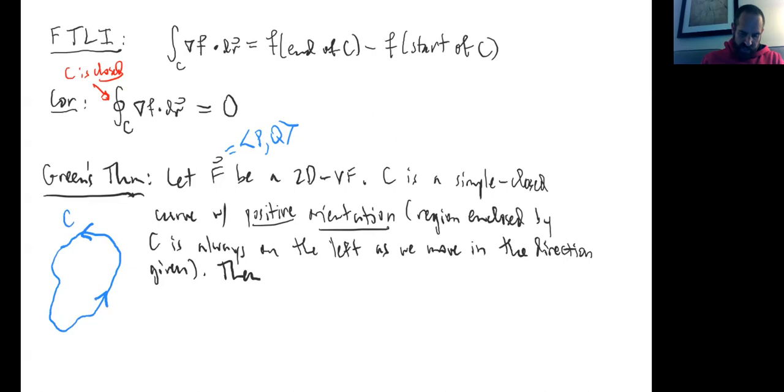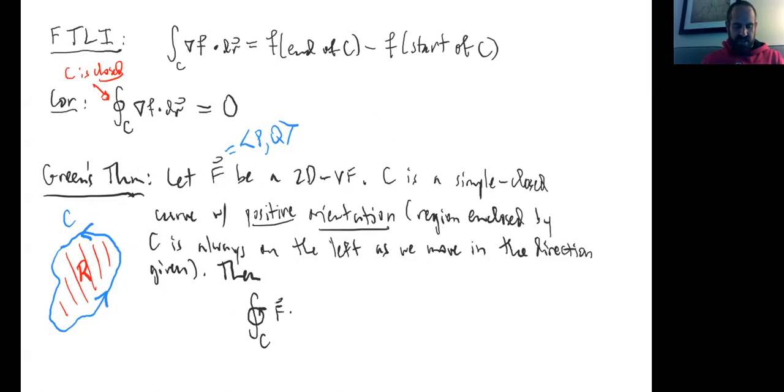So here's C, and here is the region enclosed by C. Then, after all that setup, the integral over C, and by the way, sometimes when we want to indicate positive orientation, you can put an arrow like this. It's going in the counterclockwise direction. Look at that little circle: the region is always on the left as you traverse in that direction. F dotted with dr.